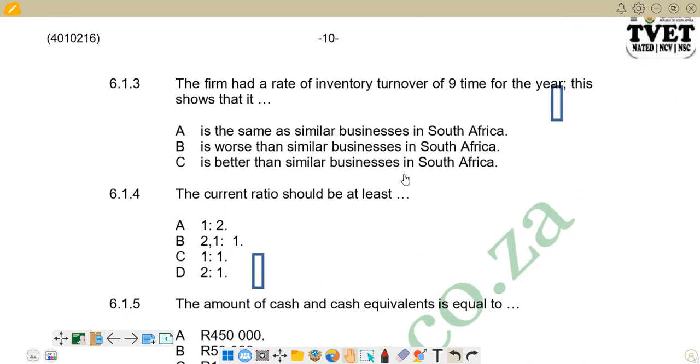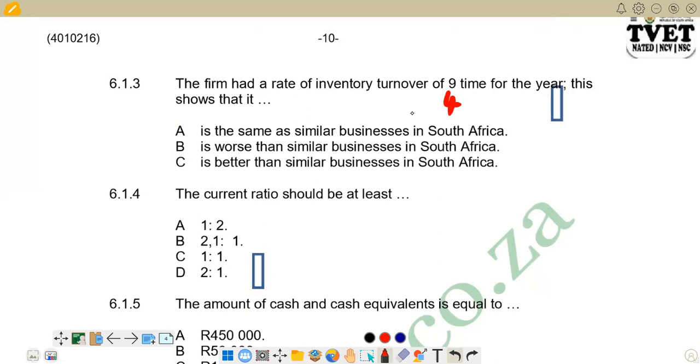So the question is, which one is better between the two? Let's look at A. A is the same as the similar business in South Africa. This is not correct, because the similar businesses in South Africa are giving us a rate of turnover of 4. So they are not the same. Then B is worse than similar business in South Africa.